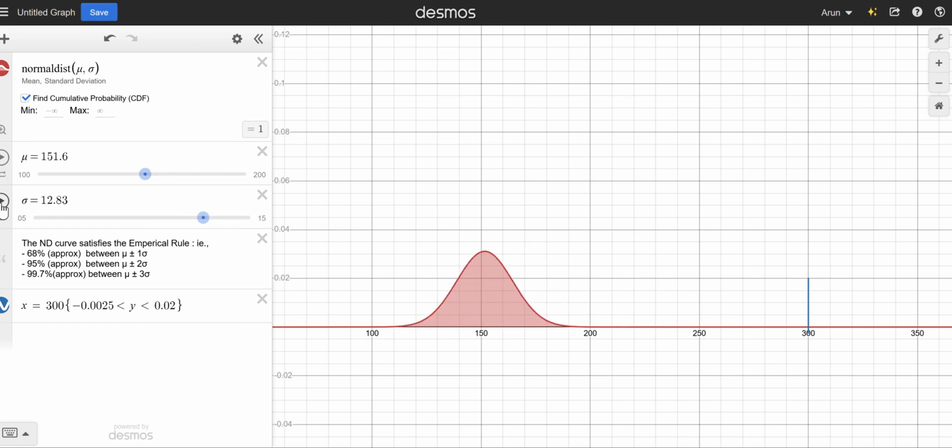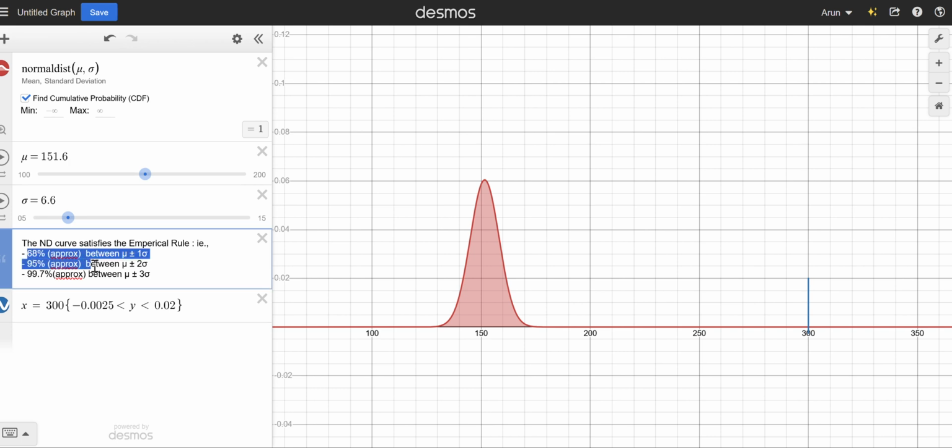Now coming to the empirical rule. The empirical rule says that no matter what the shape and configuration of the normal distribution, whether it is a very flat one like this or an extremely slender, tall one like this, this particular rule applies very consistently.